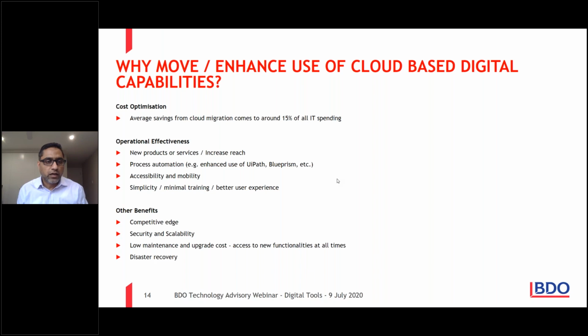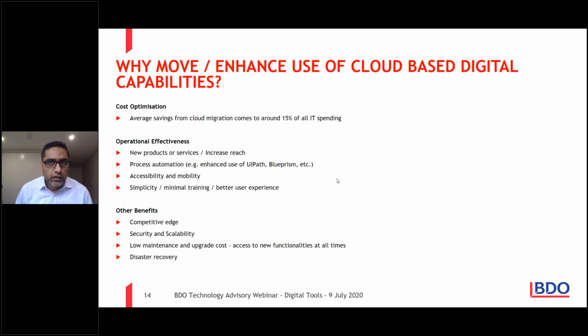Now that's a part of it that a lot of our clients are finding increasingly more comfortable and more capable in terms of IT capabilities to configure new products or get new services out and take them to the market as quickly as possible. Then the reach part, which is around not being confined by the geographical constraints that some of the traditional models would have put in place.